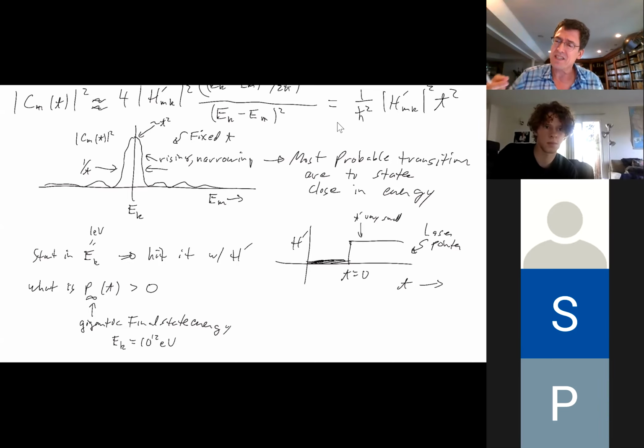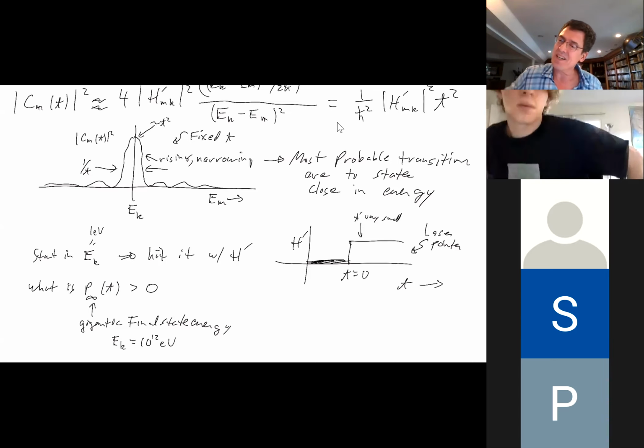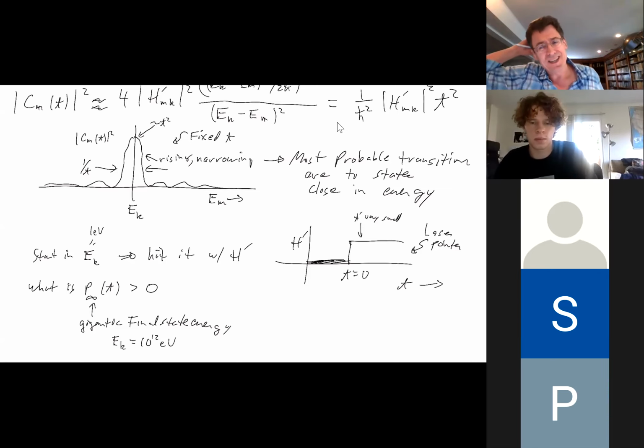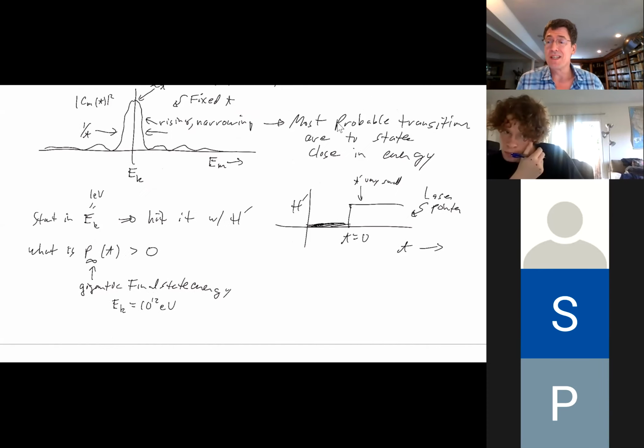That kind of makes no sense, because the laser pointer has very low energy, red light. I'm just going click, click, click, hitting it with a tiny amount of light, and suddenly my electron is speeding away at the speed of light. That makes no sense. What's the answer to this apparent paradox? Can someone tell me? It's not completely obvious, but does anyone have a clue?